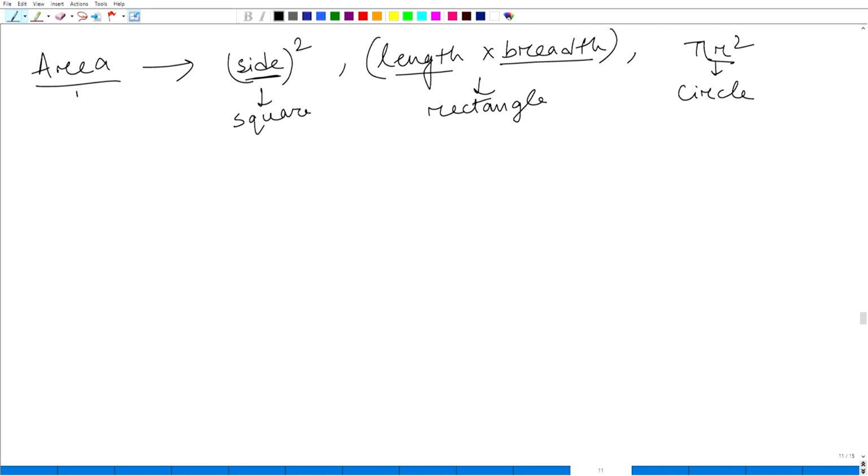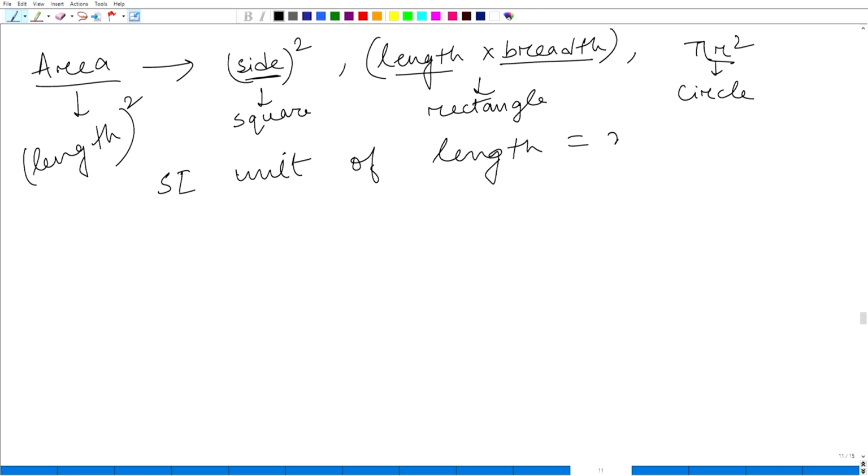So, area is basically length square, right? So, the SI unit of length is meter. So, we can say that the SI unit of area will be meter square.